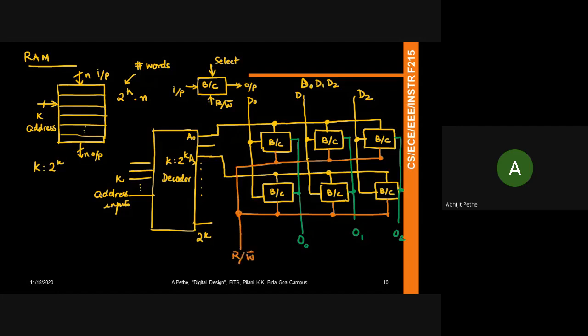So this is the organization of the RAM. RAM is basically built up with a bunch of bit cells. Every bit cell has a select line, a read write bar, input and output, right? You select a particular word using a decoder. That's why decoders become very important in memory design.